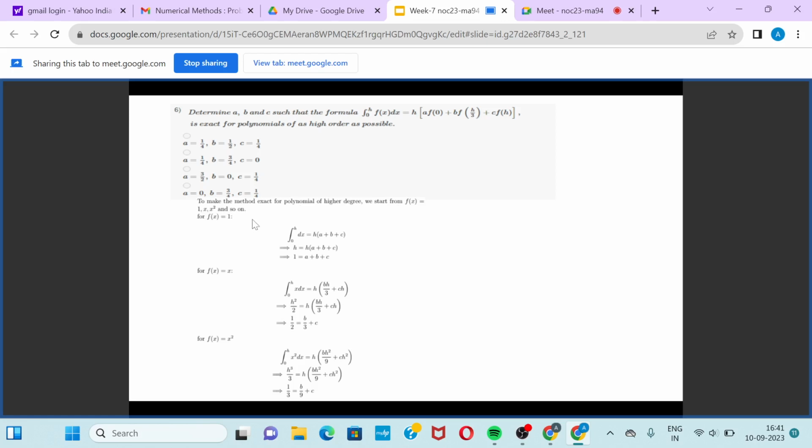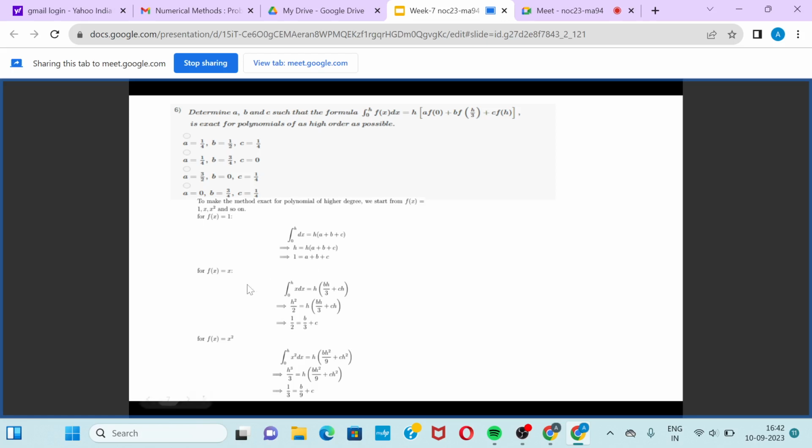So for f of x equals 1, just substitute f of x as 1, so we'll get the integral from 0 to h of dx equals h times (a times f of 0, which will be 1 again, right? f of h by 3 will be 1, since it's a constant function, so all the function values will be 1.) So this will be h times (a plus b plus c). On solving this, you will get the equation 1 equals a plus b plus c.